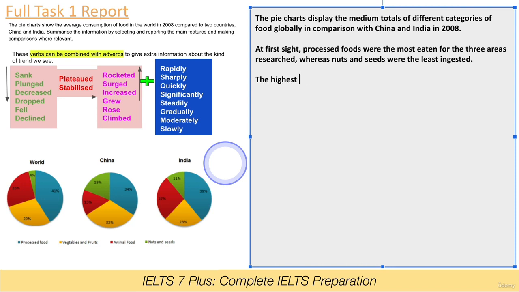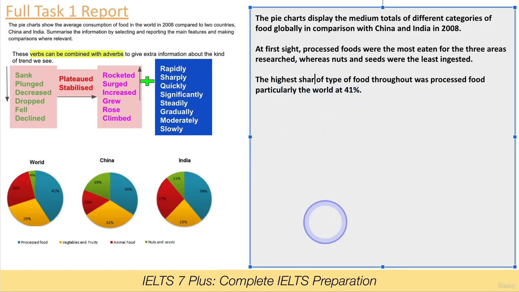So the highest share of type of food for all three throughout was processed food, particularly the world at 41%.